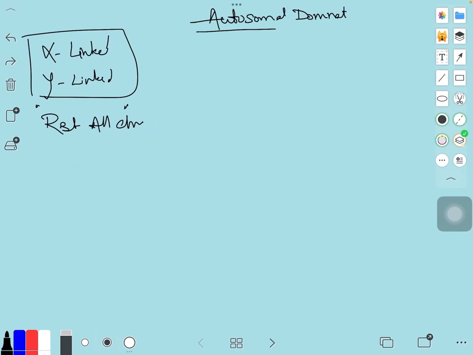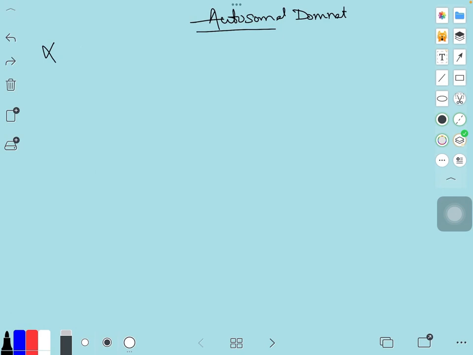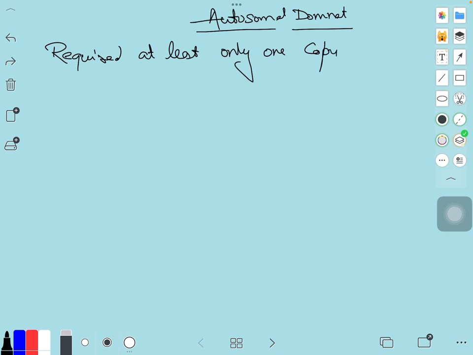So for starters, let's understand what autosomal dominant is. We know it is an autosome. For an autosomal dominant patient, first of all, it requires in his autosome at least only one copy. This is a very important line.